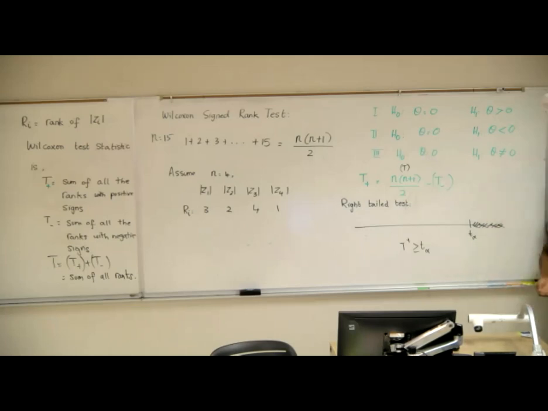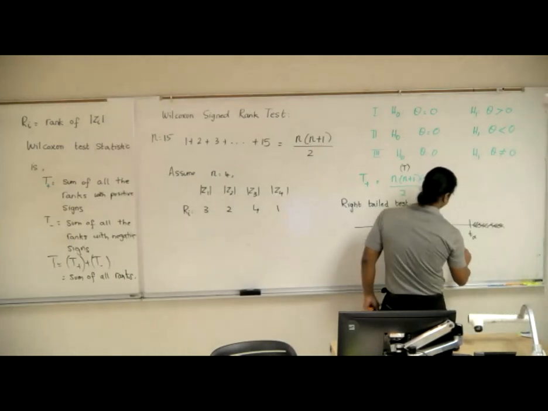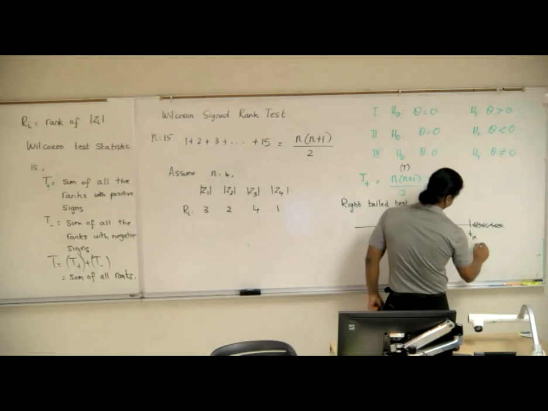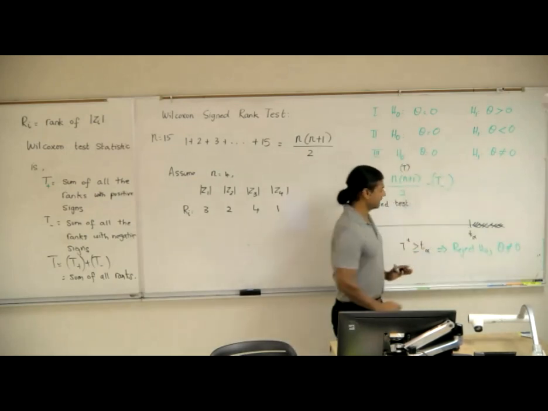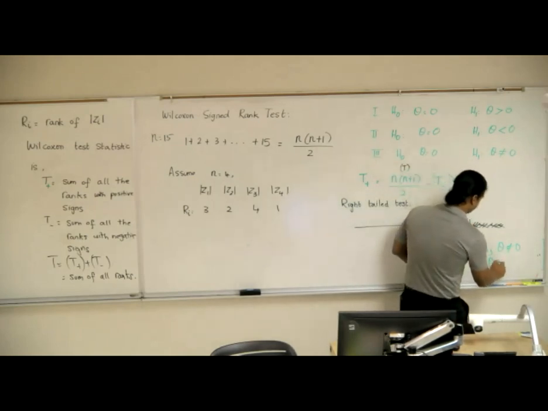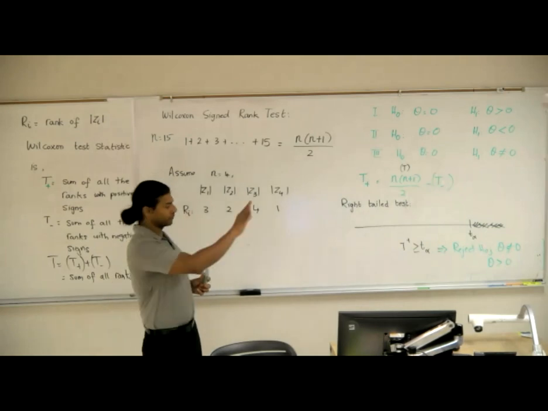What should you do? Reject the null. Conclude that the location parameter is not 0 and it is more likely to be greater than 0. Just moving towards the right.